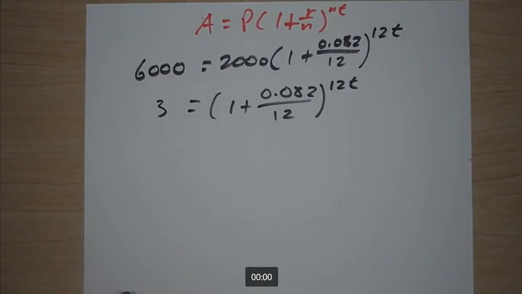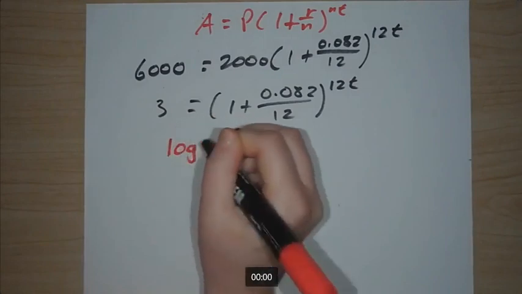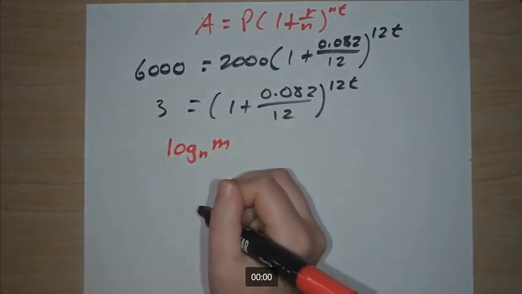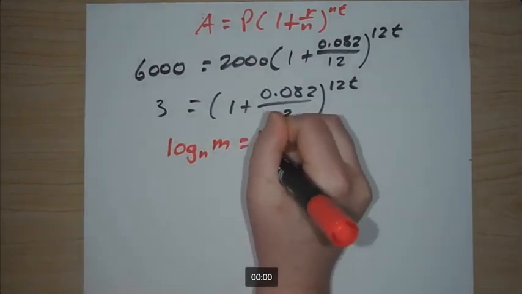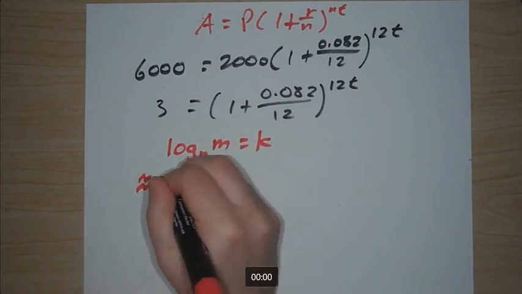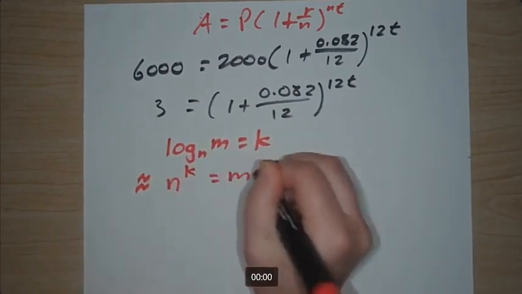And how we're going to do it is we're going to remember logarithms. So if you've forgotten logarithms, we have a rule where, let me write this in red. We have a logarithmic formula where the log of base n of value m is equal to k, which is the equivalent of n with the exponent of k is equal to m.